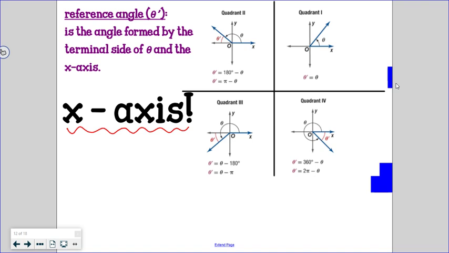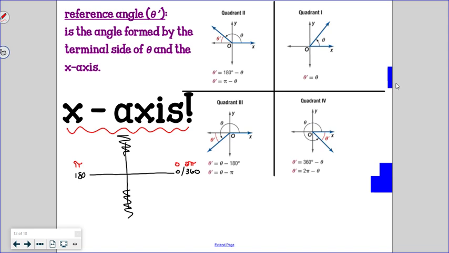So in degrees, that is 180, 0, or 360. That's all you can use. You cannot use your y-axis. In radians, that is 0 or 2 pi and 1 pi, and I would put those in terms of whatever denominator we have, okay?